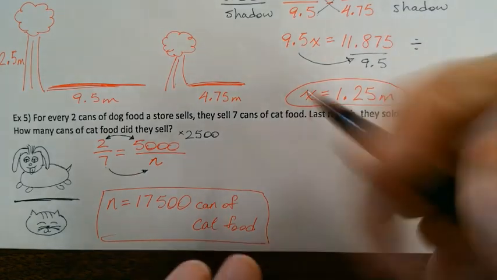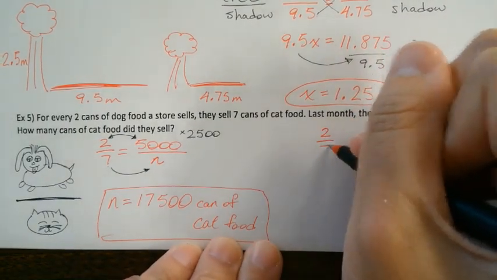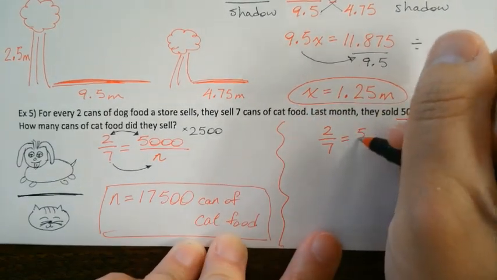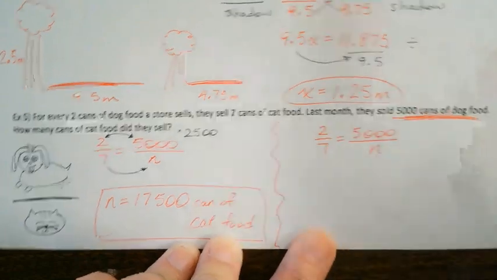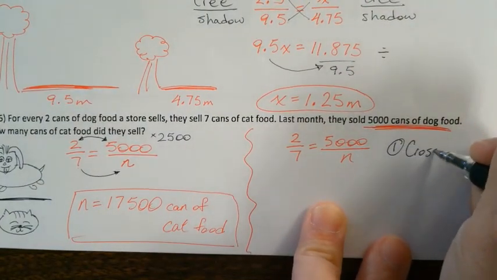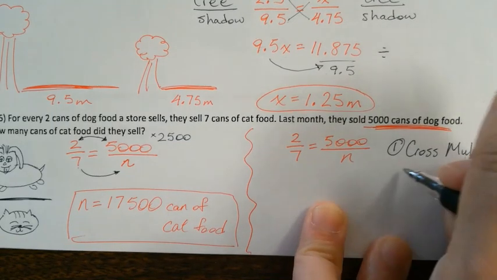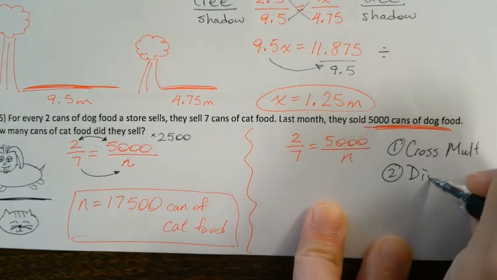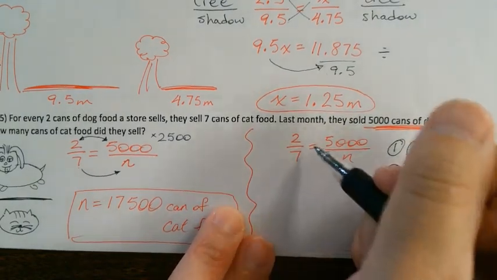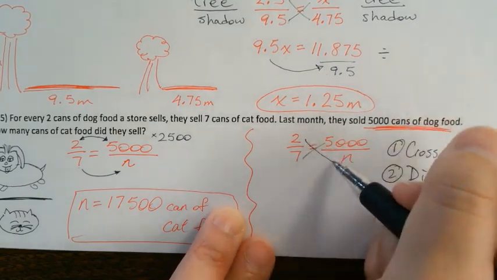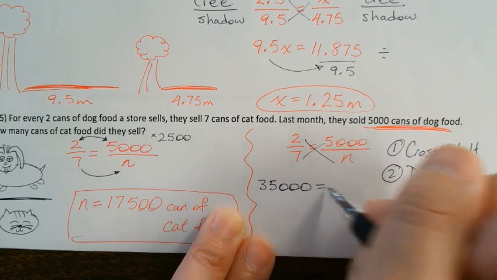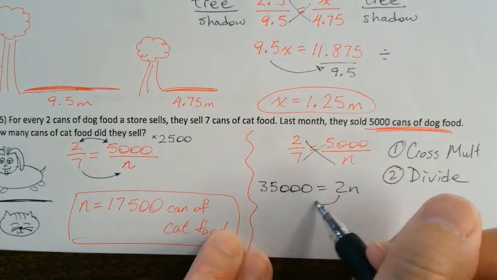What if I decide to use the second method, the cross multiply and divide method? I just want to show the two. Okay, remember the second method is cross multiply and then divide. So 5,000 times 7 is 35,000, 2 times n is 2n, and 35,000 divided by 2.